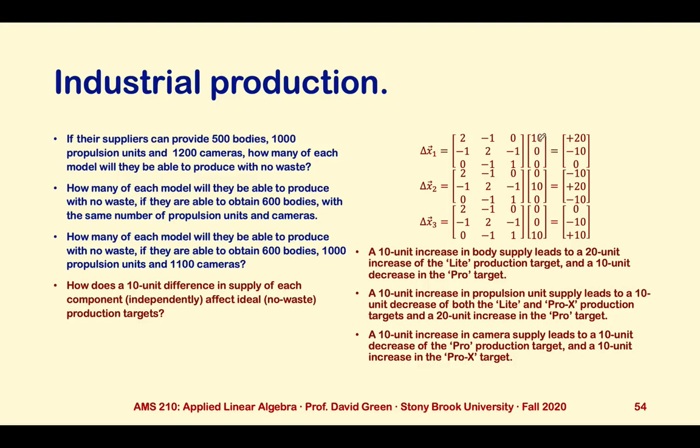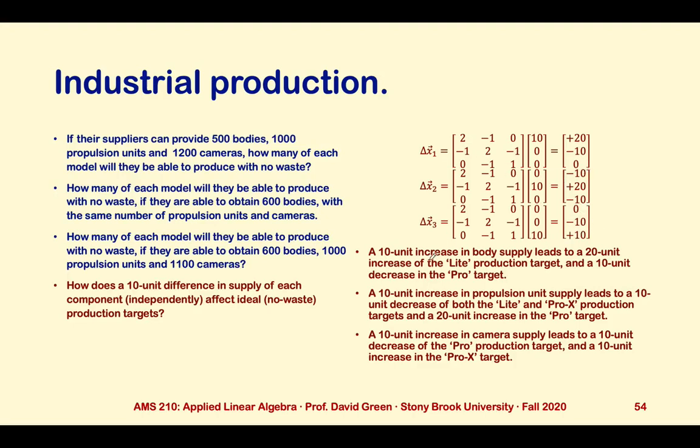So essentially the first column is going to be pulled out, multiplied by 10: 20, negative 10, and 0. Because we have 0, 10, 0, the second column is going to be pulled out, multiplied by 10: negative 10, 20, negative 10. And for this case, where the third entry is the non-zero one, the third column will be pulled out and multiplied by 10: 0, negative 10, 10.